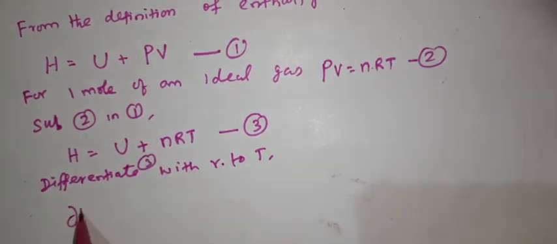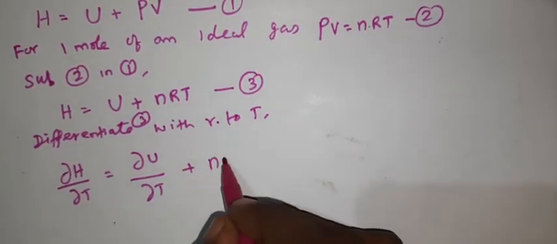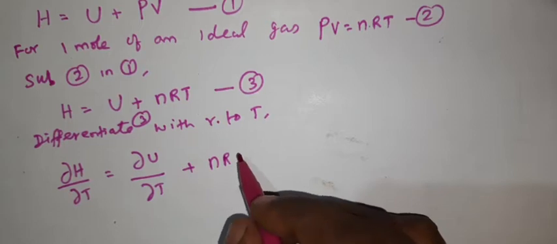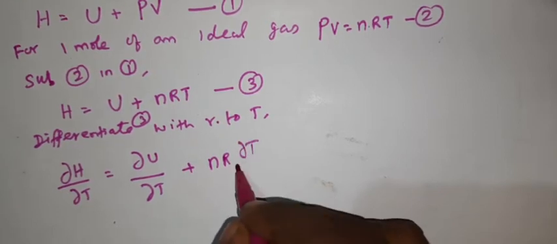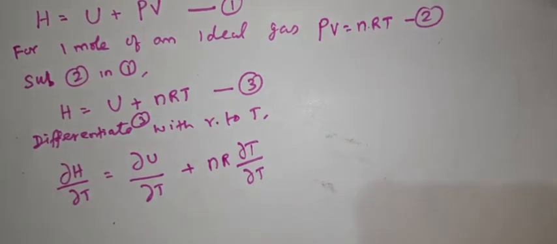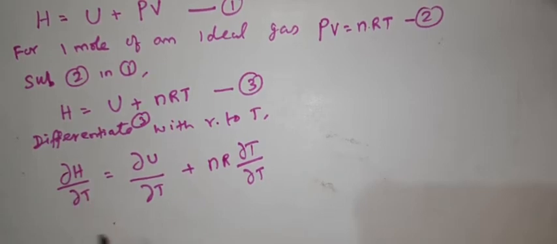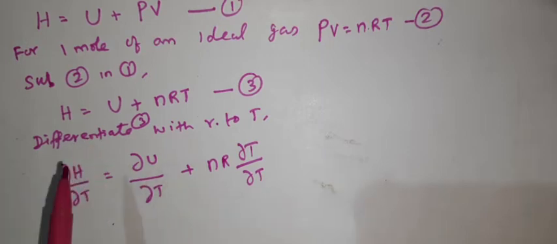So dou H by dou T equals dou U by dou T plus nR, which is constant, then dou T by dou T. Now we know that dou H by dou T is Cp, as we discussed in the first step.